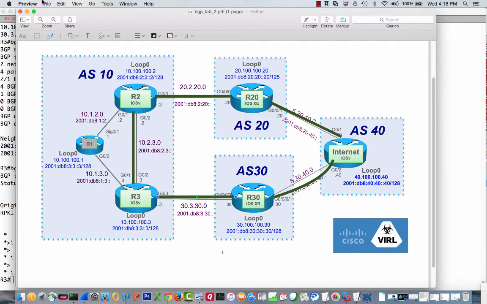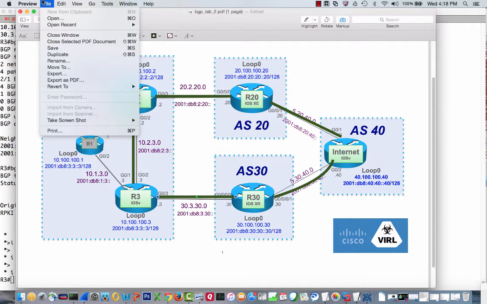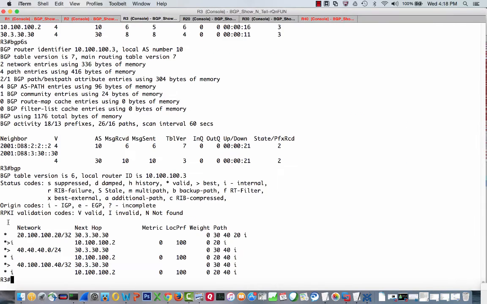So what we can see is that we have two prefixes that are learned, and they're both originating in 40 and 40. Why would that be the case?